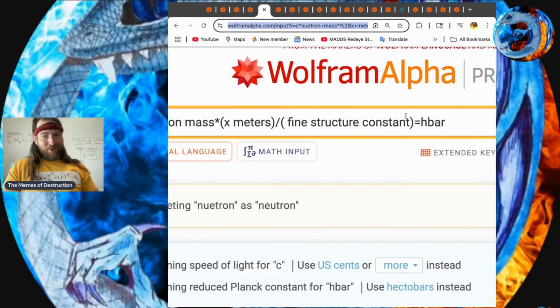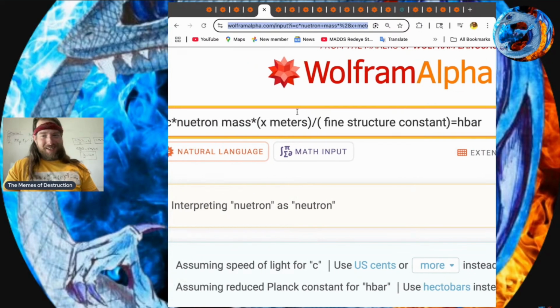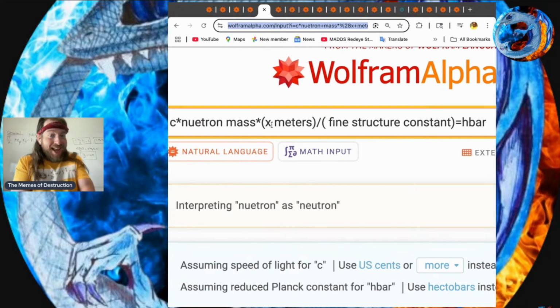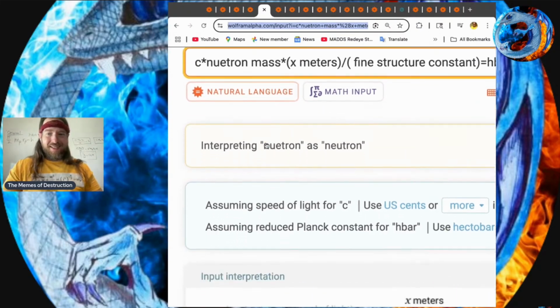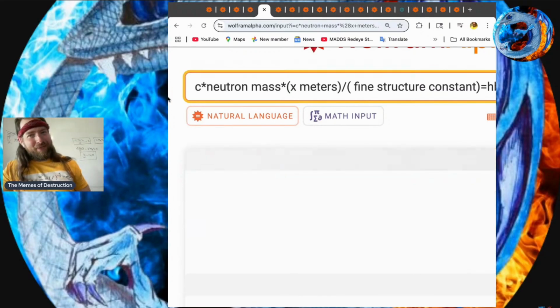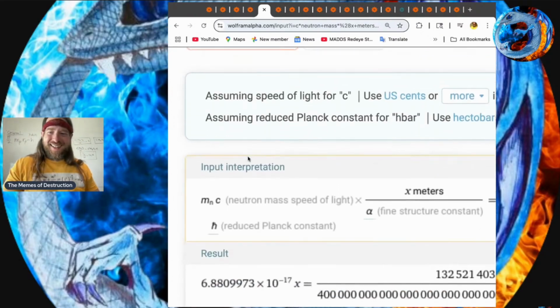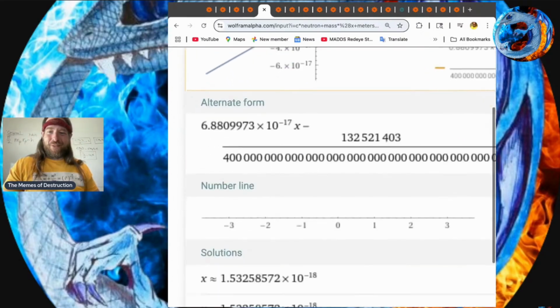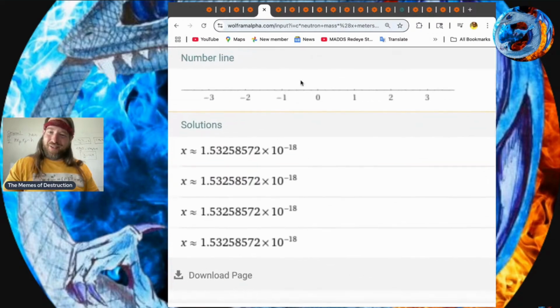If we assume this holds and it should equal hbar, we can solve for x. So I literally just put in x meters. Oh God, I can't even spell the neutron right. It's a good thing Wolfram Alpha carries me. Okay, so we get this number for the classical radius of the neutron.